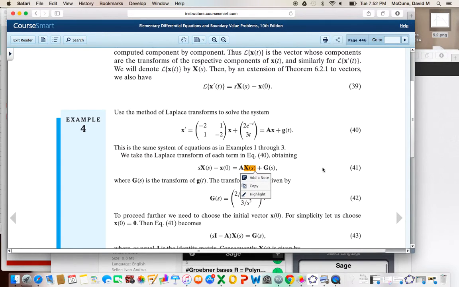Remember, again, x of s just means L of x. The book likes to make this s translation explicit. And then you have to transform little g to get something in terms of s. When you transform this guy, you just go to the table, and the table gives you these two values. So you just transform each individual component of this column vector.